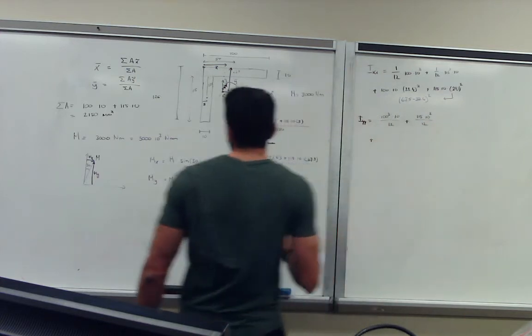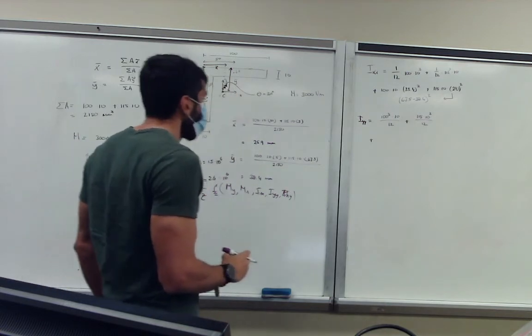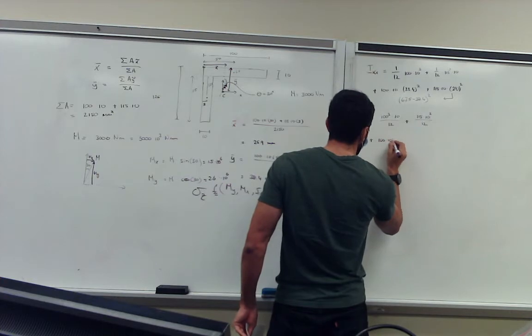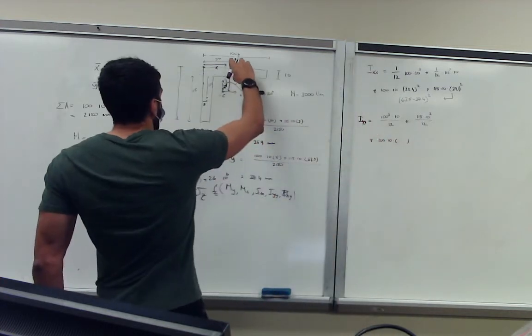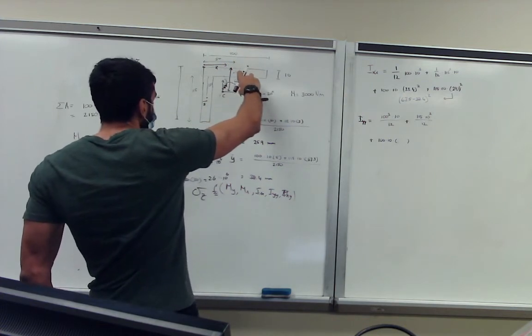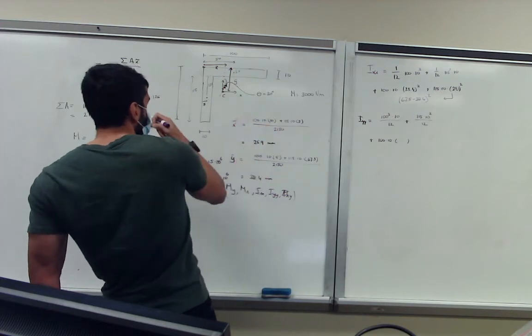And now you are shifting, instead of Y, in X. So again, 100 times 10, that's our area. And then we shift. This location is 50, and the centroidal axis was at 25.9, so we shift left.